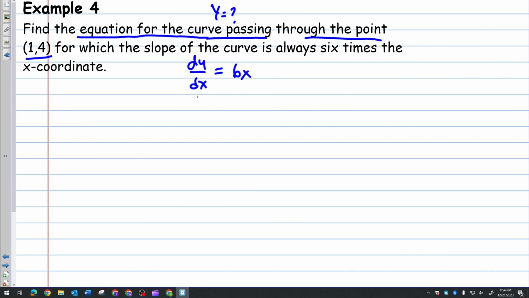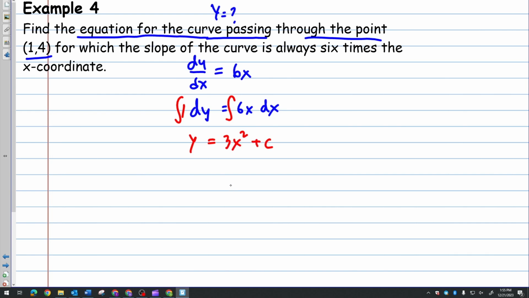So first you separate. You actually don't even need to separate this because there's no y on this side. You can just integrate both sides. But I'm going to go ahead and separate so you can see that we could separate also. Okay, so first you separate, then you integrate. The integral of 1 is y plus c. I'm going to move my c to the right side. On this side, if I integrate 6x, it's 3x squared plus c.